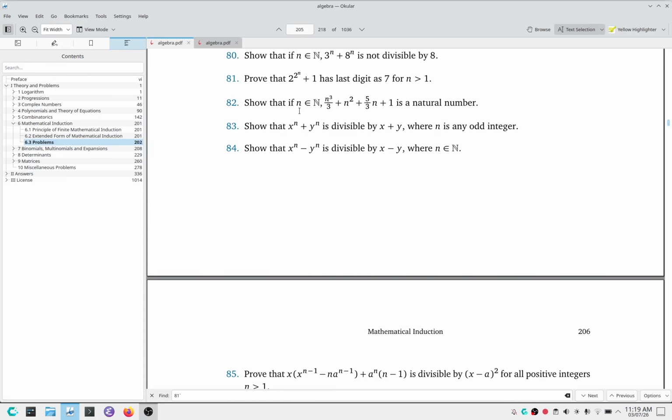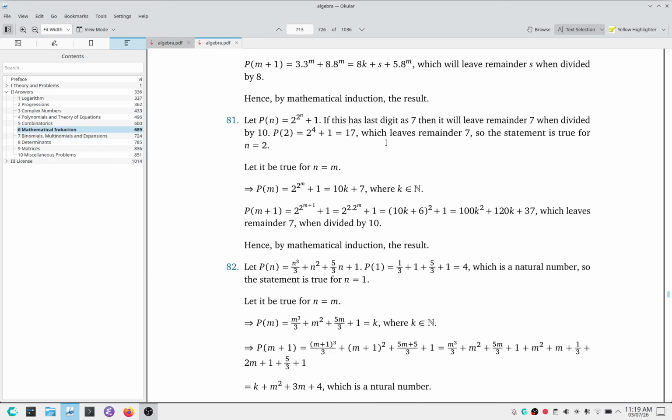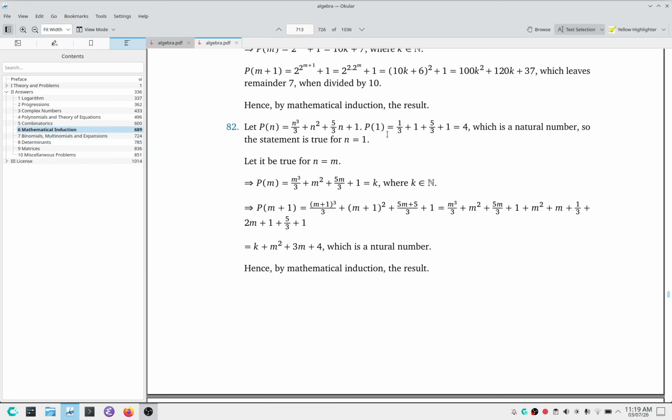Question 82 says: show that n cubed by 3 plus n squared plus 5n by 3 plus 1 is a natural number. So we put n equal to 1, we get 4, which is a natural number. Now we put n equal to m, so we get m cubed over 3 plus m squared plus 5m over 3 plus 1 equal to k, which we assume to be in the set of natural numbers.